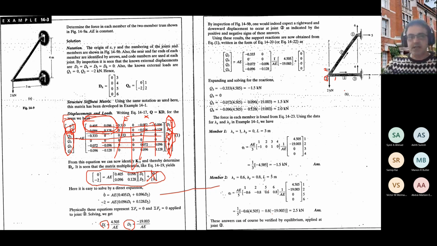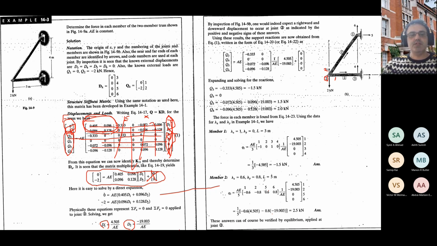Otherwise, we don't need anything else. We cannot expect anything else. So we're really looking for the deformation of the structure, the internal forces, and the support reactions. If you have all of these three types of outputs, you can say I have got all possible analysis outputs.